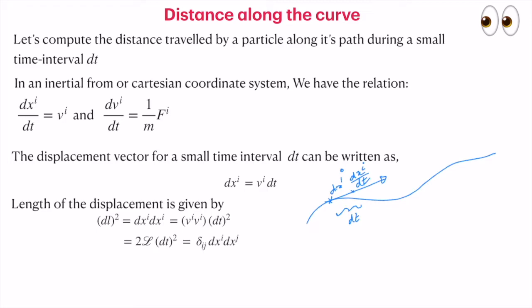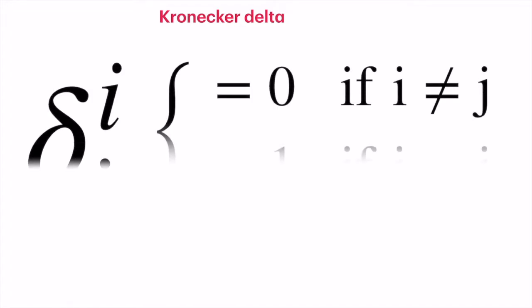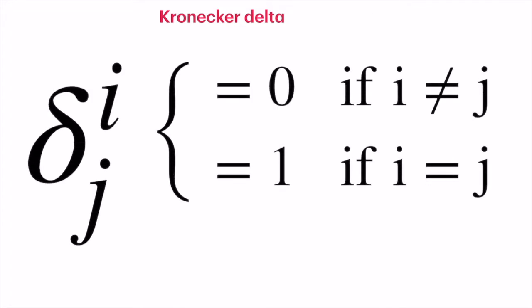So δ_ij here is what we call the Kronecker delta. You know that there is a delta function, the Dirac delta function, which is the most popular delta in physics, an improper function. However, here we are not talking about the Dirac delta function. What we have is δ_ij, where I have used one index up, one down. From now onwards, we will be distinguishing between the upper and lower indices.